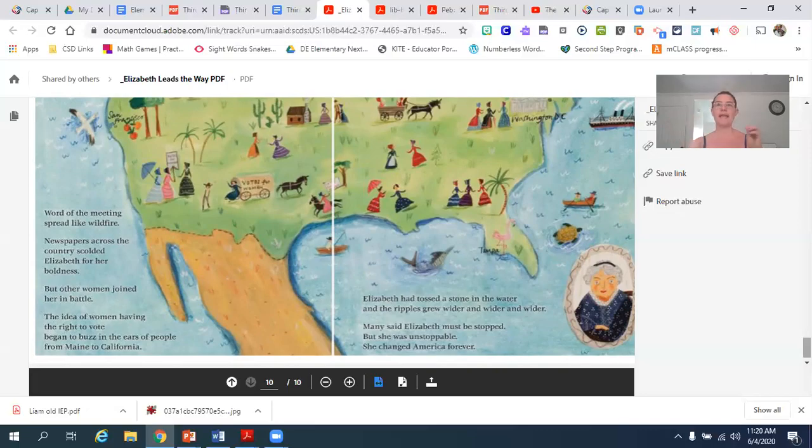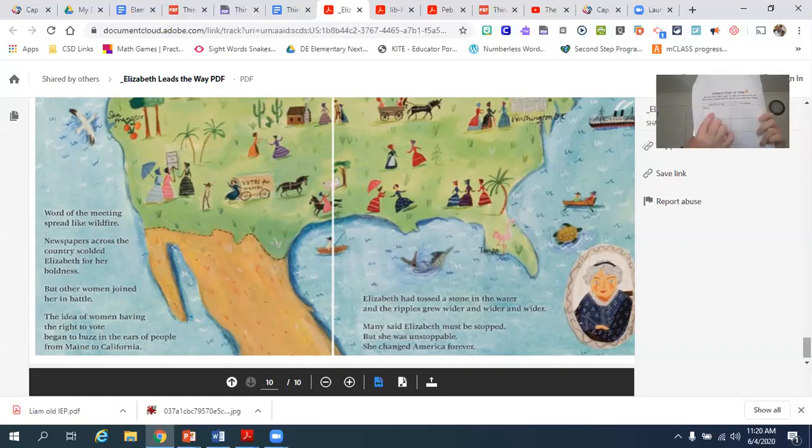So pick an event in the beginning of the story and write down that event here. After you've written the event in this box, you're going to support it with text evidence.